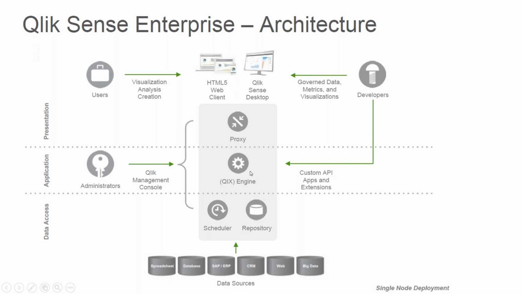If it is QlikView, he has to work on the local desktop only. QlikView development does not happen on the browser version. It happens on a local desktop, but Qlik Sense development can happen on the browser. I'll show you how the browser application works. I have an enterprise application access, so I'll show you the enterprise side also of Qlik Sense.